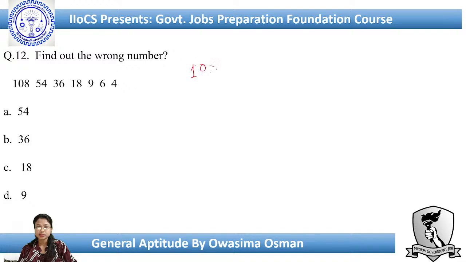If we do 108 divided by 2, we will get 54, and 54 divided by 1.5 will be 36, and 36 divided by 2 will be 18.